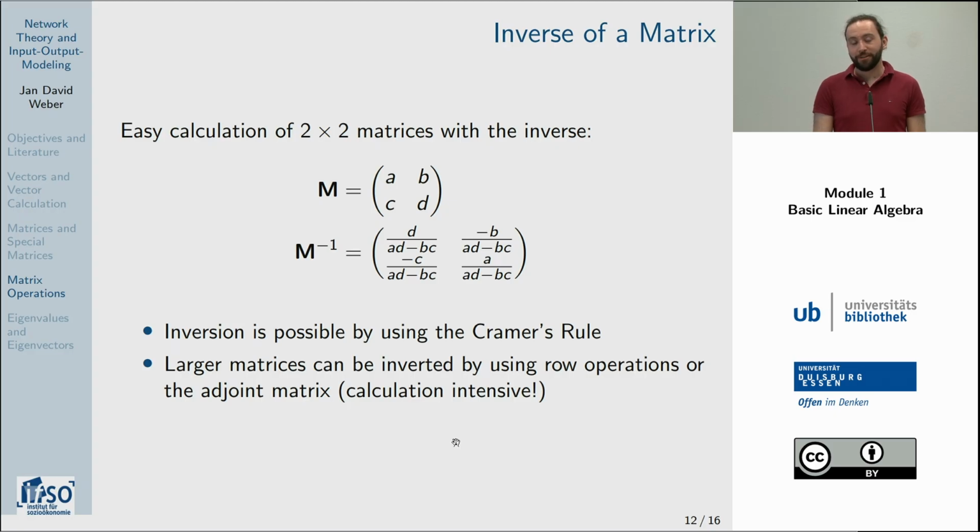Let's say you have a matrix which is larger, 3 cross 3. Well, things get extremely messy, and thank God we're not doing that by hand anymore in the 21st century. We have computers that normally use an algorithm with row operations, which we skipped here completely because it's mathematically of interest, but not in economics, or the adjoint matrix, which is extremely calculation intense.